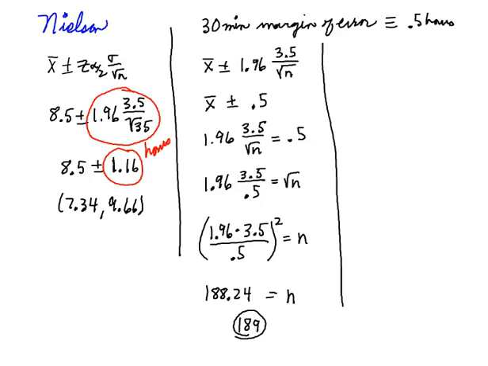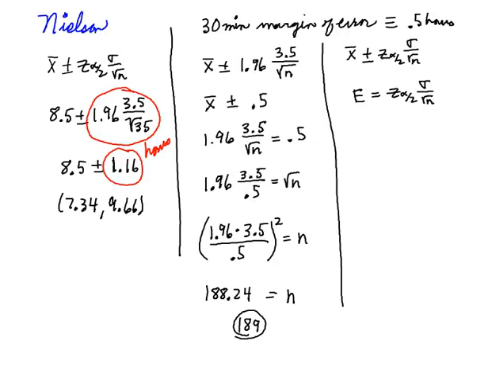Now the book actually gives you a formula to do this, so you can just plug into the formula. If you look at the confidence interval, x bar plus or minus z alpha over 2, sigma over the square root of n, my desired margin of error, we'll call it E, is the sigma over the square root of n times the z value, and then just solving for n.